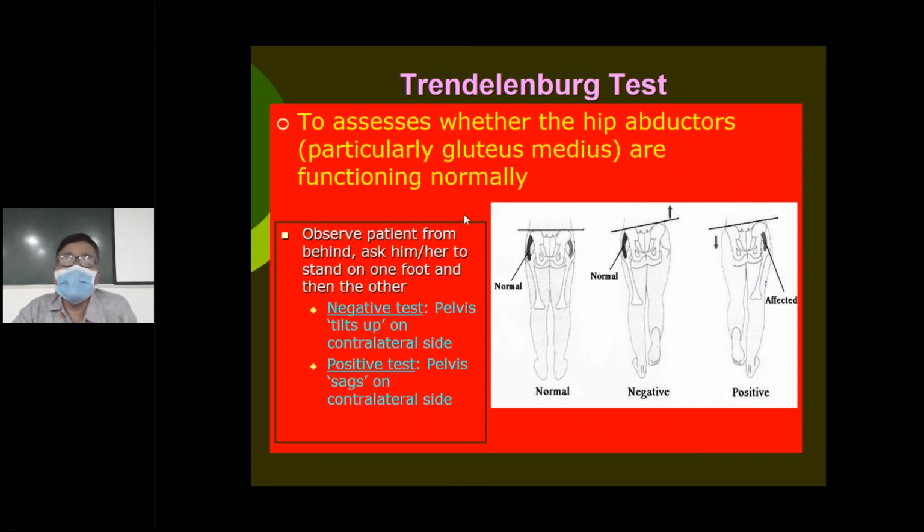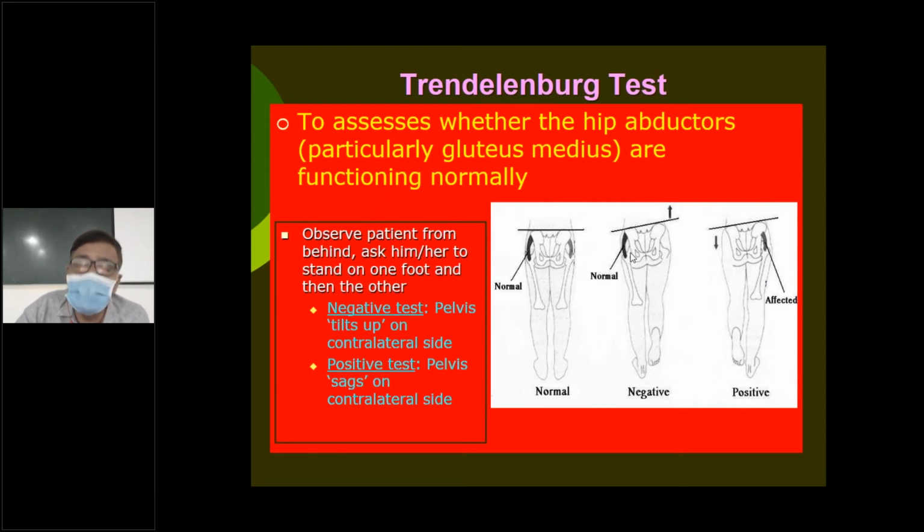Now, a little bit of applied anatomy before concluding. I said this already yesterday. Trendelenburg's test tests the integrity of the gluteus medius and minimus, mainly medius. In the normal position, if you lift the foot, the pelvis does not tilt. That is normal, said to be a negative test.